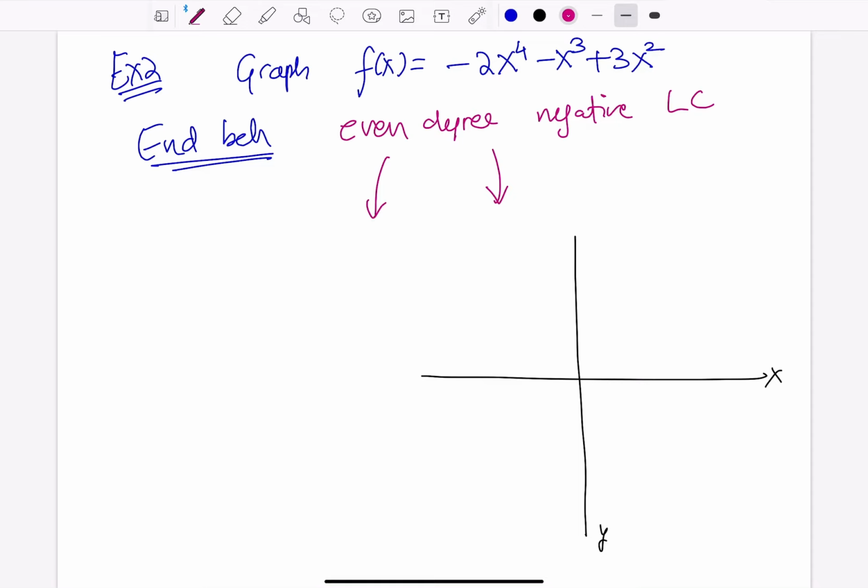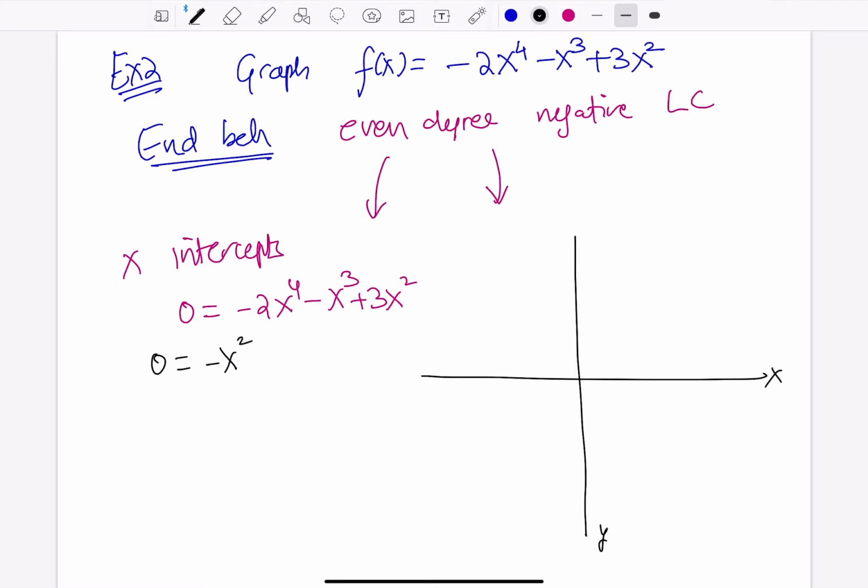Let's think about x-intercepts. To find x-intercepts, we make the y 0. So 0 equals negative 2x to the 4th minus x to the 3rd plus 3x squared.